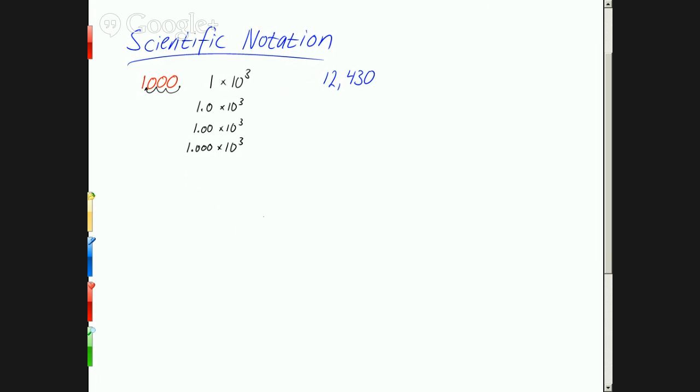Move that decimal place over, count as many times as you can, and write down what you think is 12,430 in scientific notation. I'll give you a minute. When I see pencils stop moving, I'll continue.